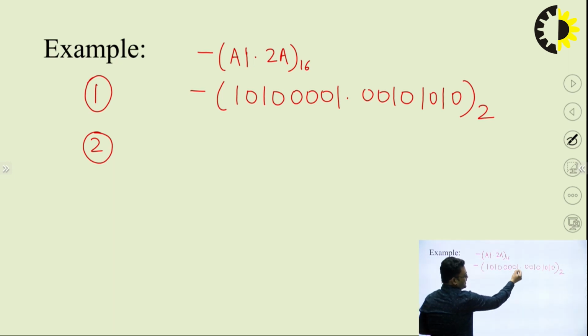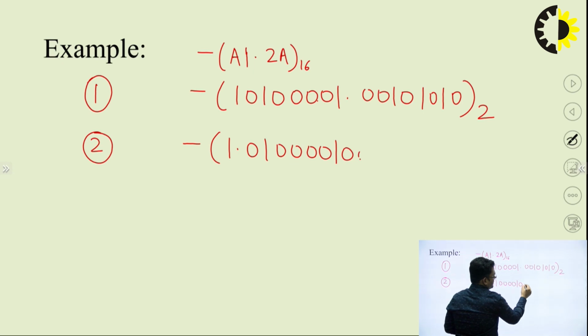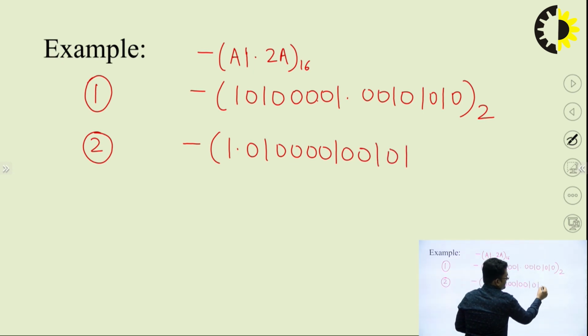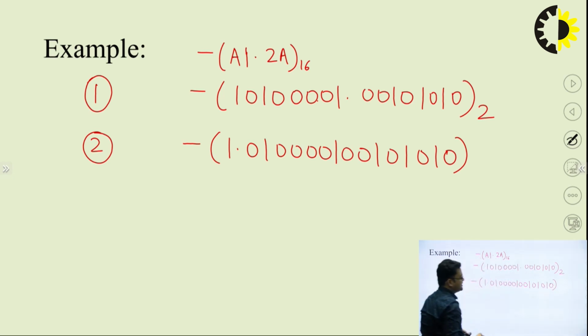So we have to shift this point towards the left. How many places? 1, 2, 3, 4, 5, 6, 7. So we need to move this point 7 places towards the left. Right, so I have fixed my floating number.